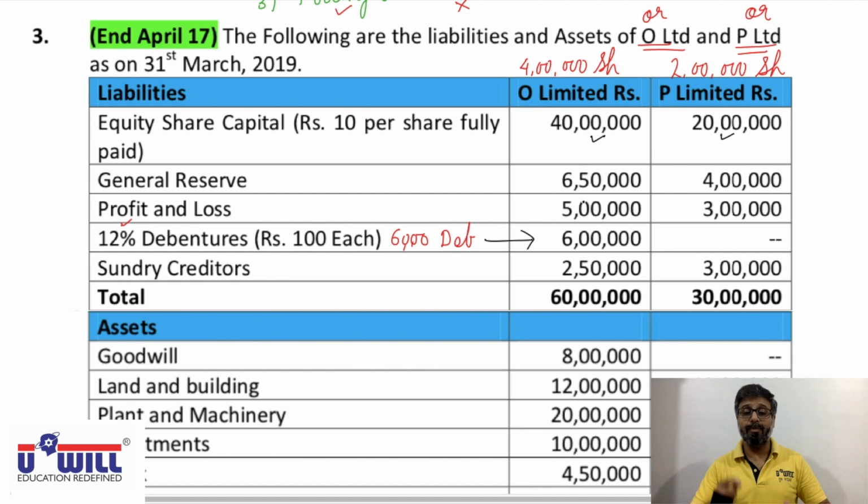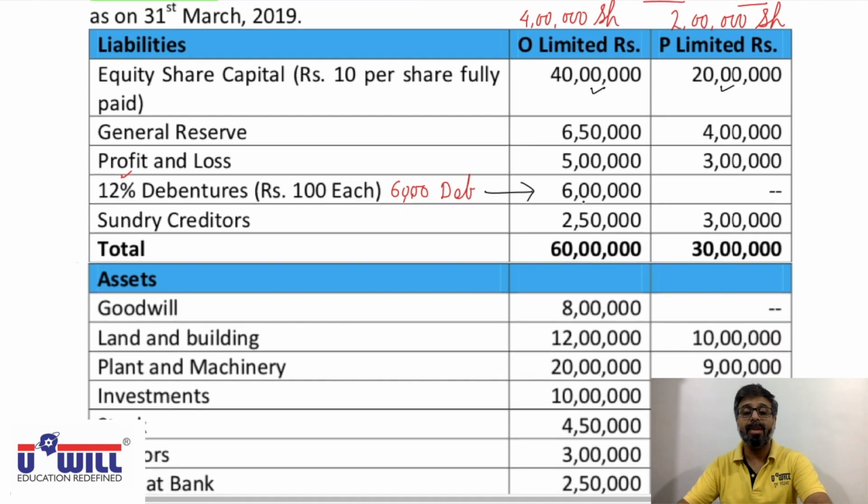I repeat, we have done this in past lectures also. The same company cannot show in its balance sheet reserves, that is accumulated profits, and accumulated loss also. So we have to write off that loss from the reserves, and then only the favorable balance of reserves will be credited to P&L account in the second entry, or if the loss is more, then the excess amount will be debited to P&L account.